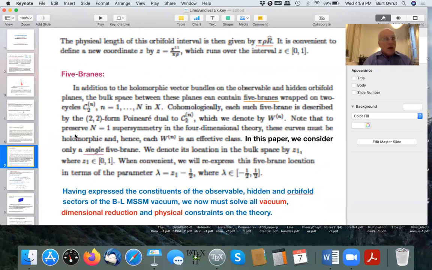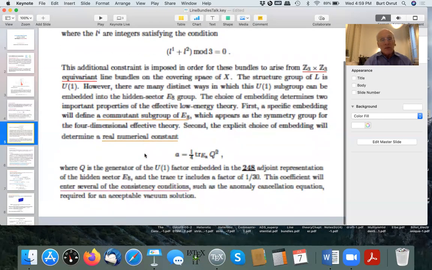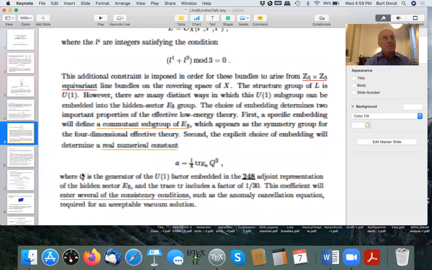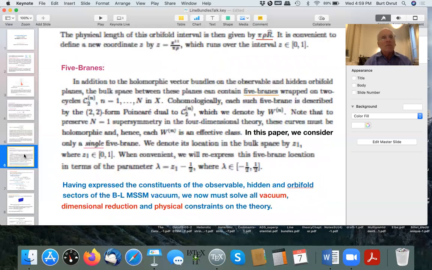We will also have the physical length of the orbifold that we are going to have to deal with. So let me go back one, I kind of missed that. There's a fifth dimension, and the fifth dimension is given by some standard fifth dimension that we put in with constants pi times rho, but there'll be a modulus associated with that, which tells you how big it is.